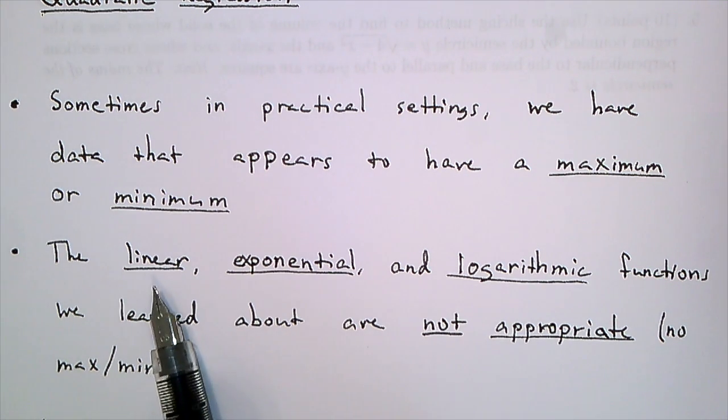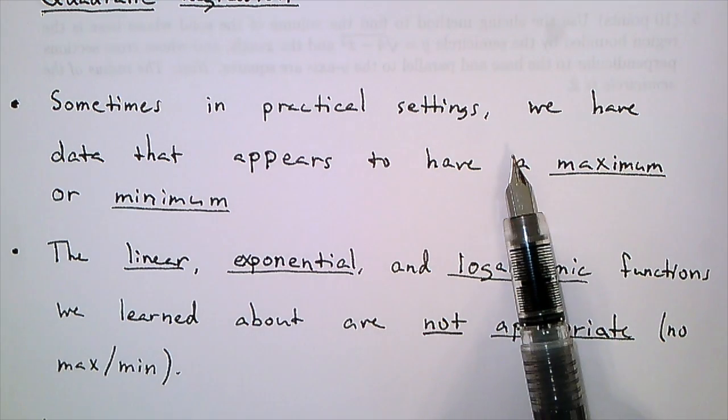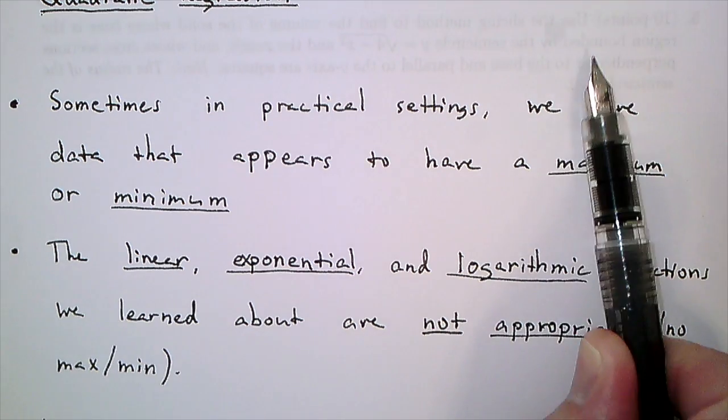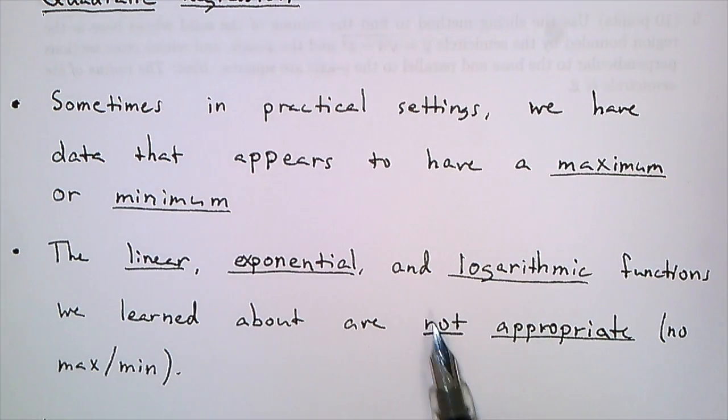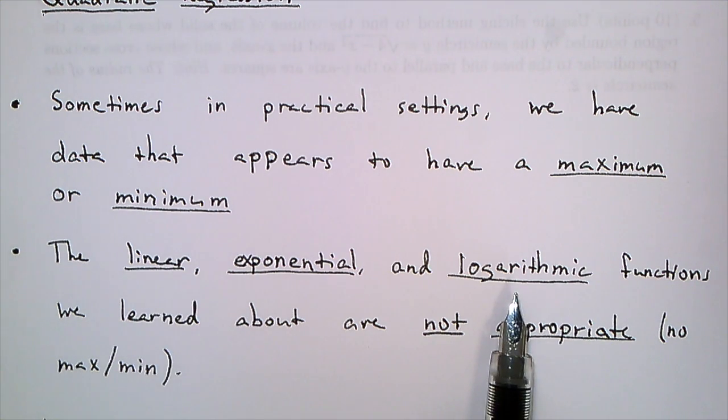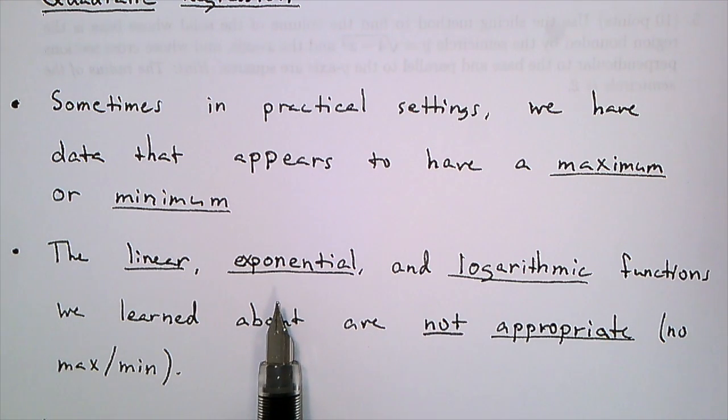A linear function is just a straight line. An exponential function is always increasing or decreasing, but has a curve instead of being flat. And logarithms are similar to exponential functions.